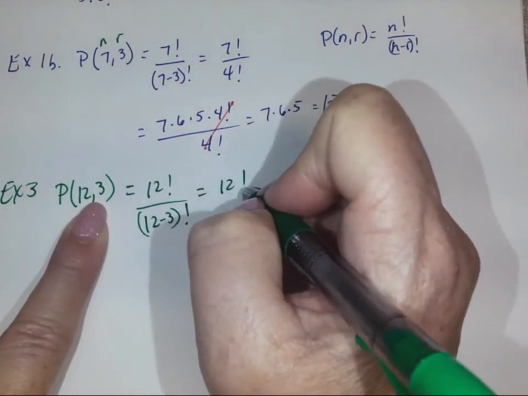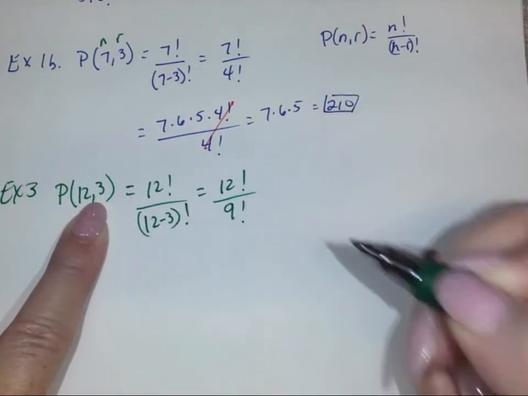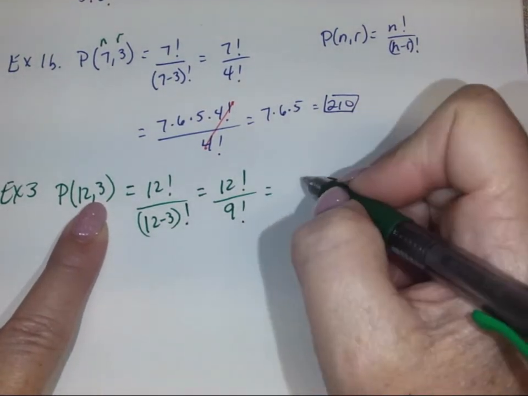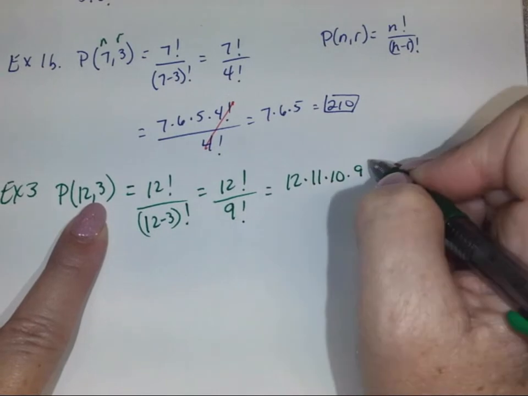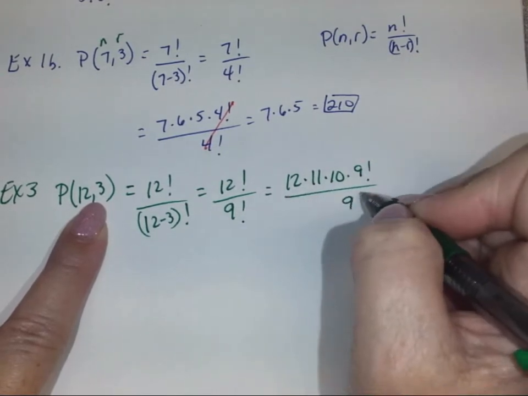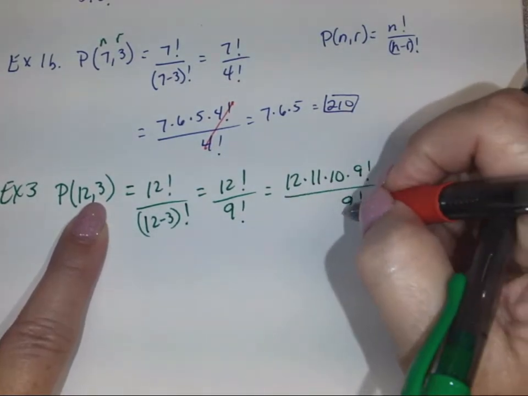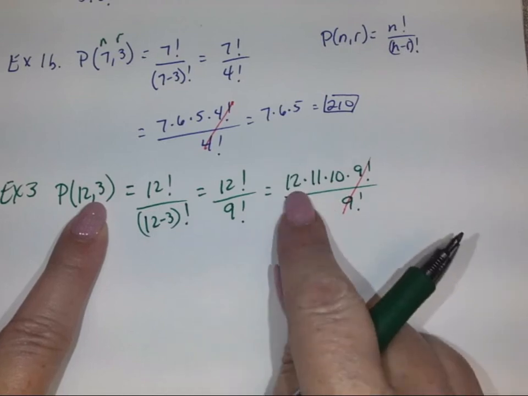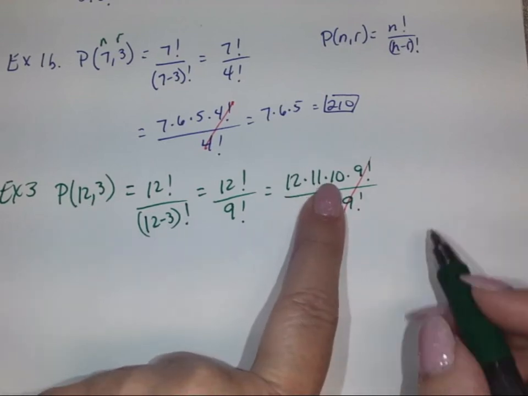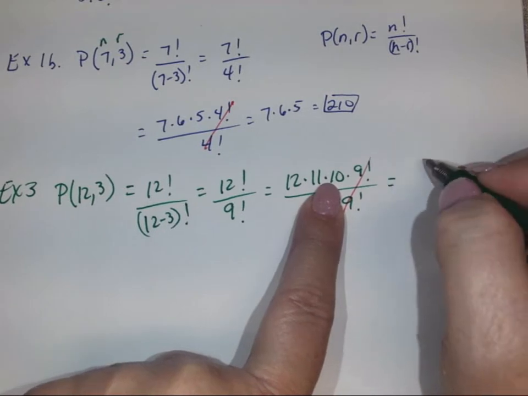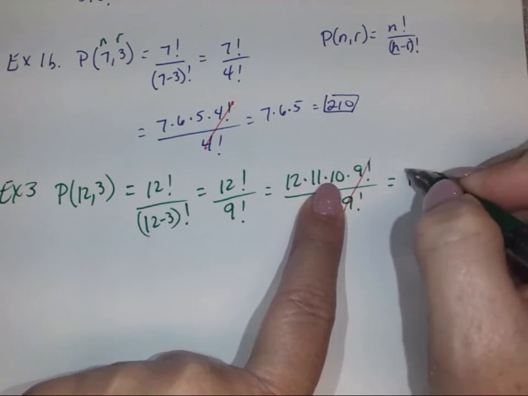So that'll be 12 factorial over 9 factorial, which gets us 12 times 11 times 10 times 9 factorial over 9 factorial. We don't have to always write it out as 12 times 11 times 10. When we multiply those, we get 1,320.